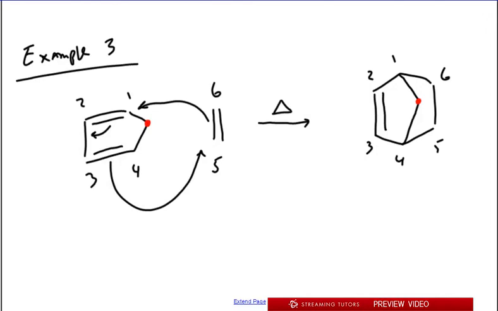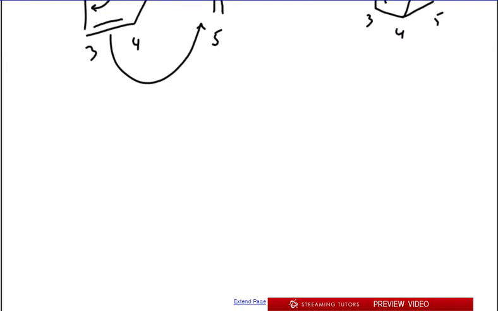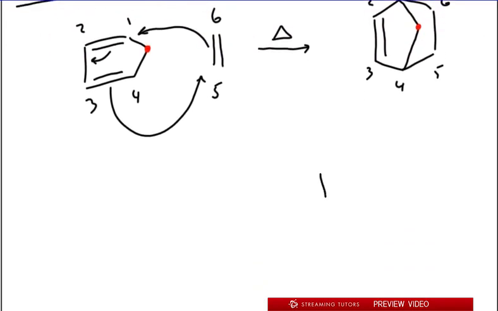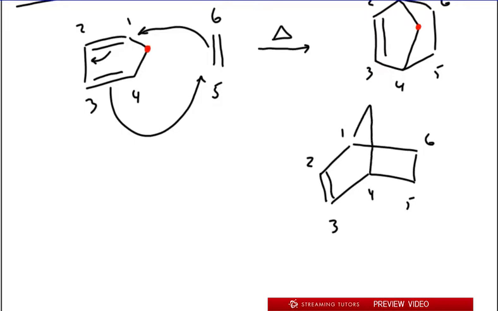Another way to draw it, which you have to get used to, is on a perspective, almost like a boat instead of a chair. We draw it like this, where it's kind of going up and then down, like that. Here's 1, 2, 3, 4, 5, 6. There's a double bond between 2 and 3 as always. And now I could show straight up in the air the red carbon coming back down to 1.